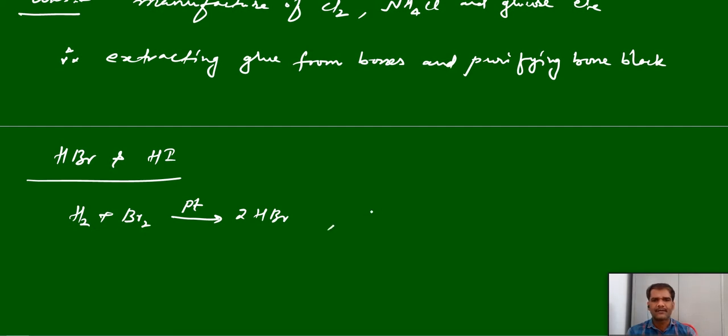For the preparation of HI, hydrogen treated with iodine, iodine being less reactive compared to bromine, we still require platinum and some temperature conditions. We get HI.